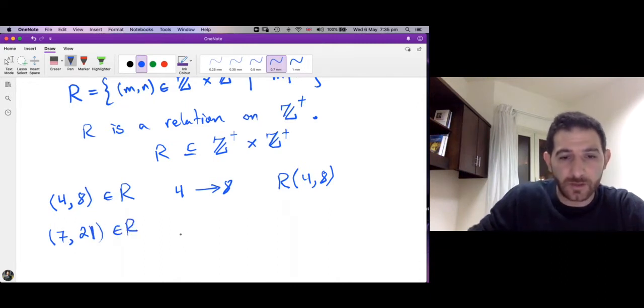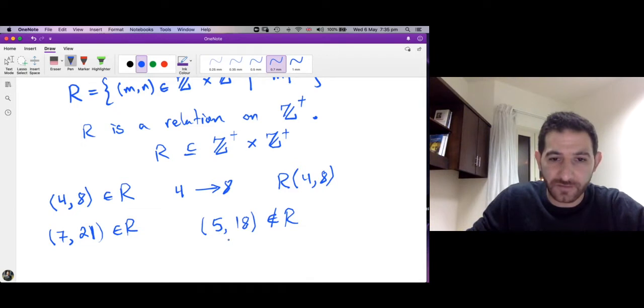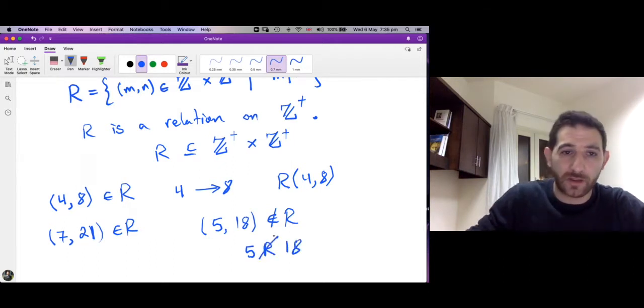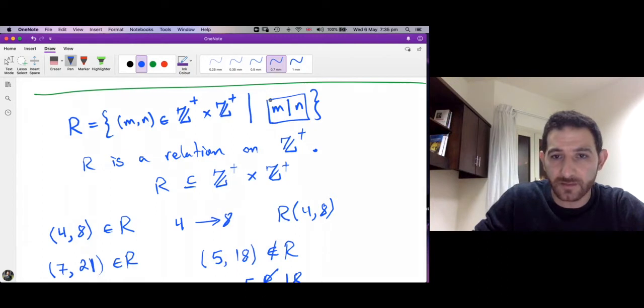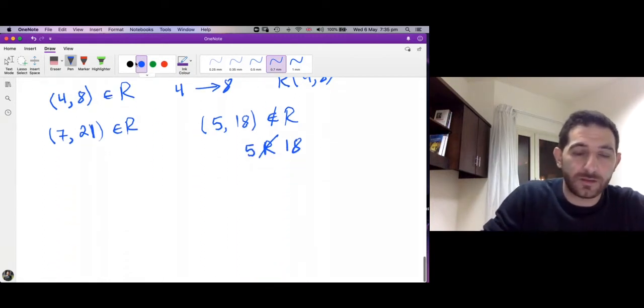It belongs to R. Now 5 and 18 is not an element in R because 5 does not divide 18. So we can write 5 is not related by R to 18. And what is R? It is the set of all pairs where the first divides the second in the pair.